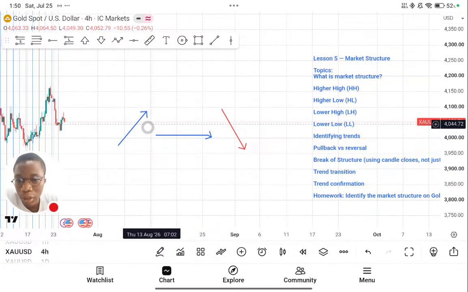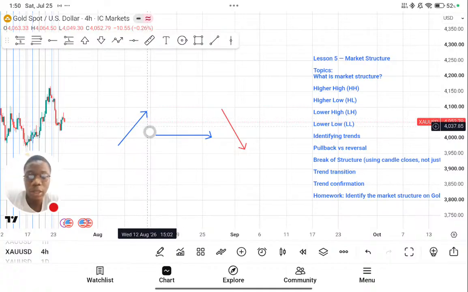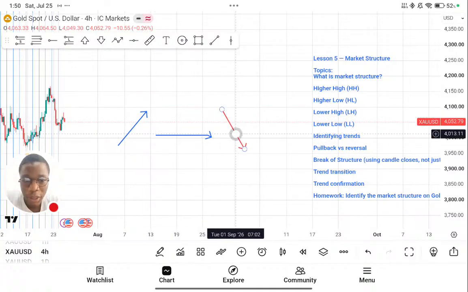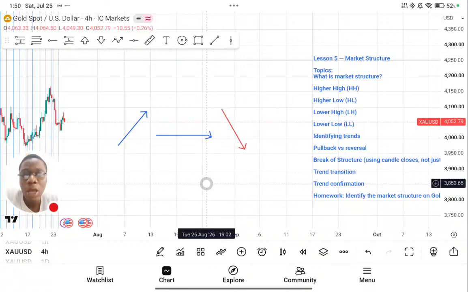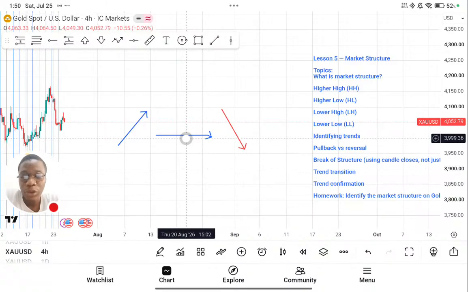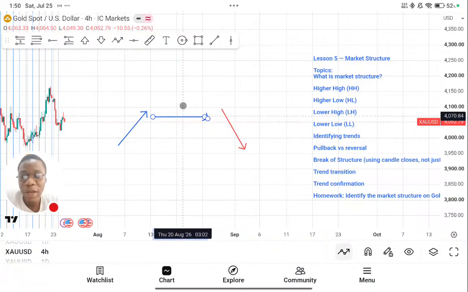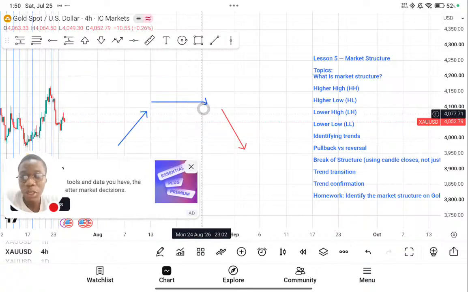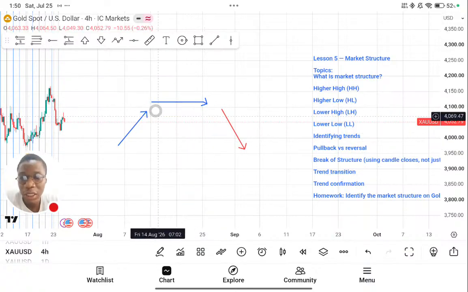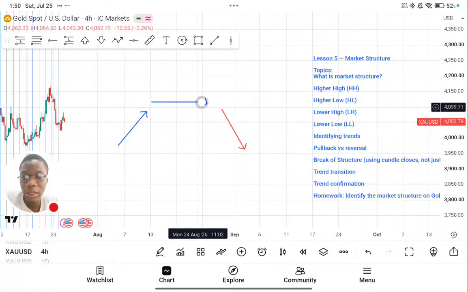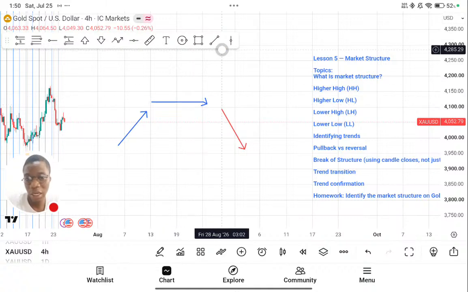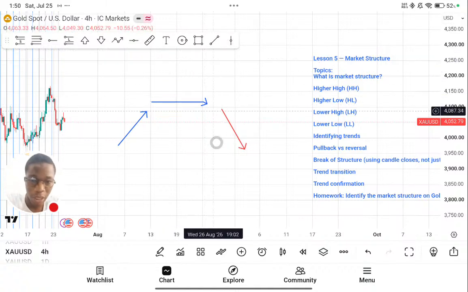This happens from support levels that we identify. This happens from resistance levels that are identified. This can happen after a very massive push, and when you see price ranging, it's most likely resting at that point before it picks its next direction to continue to the upside or down.